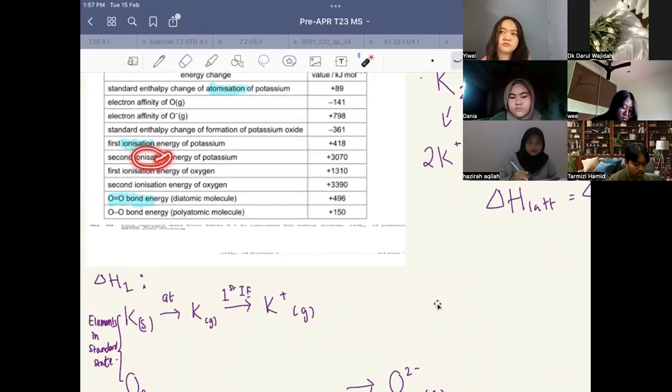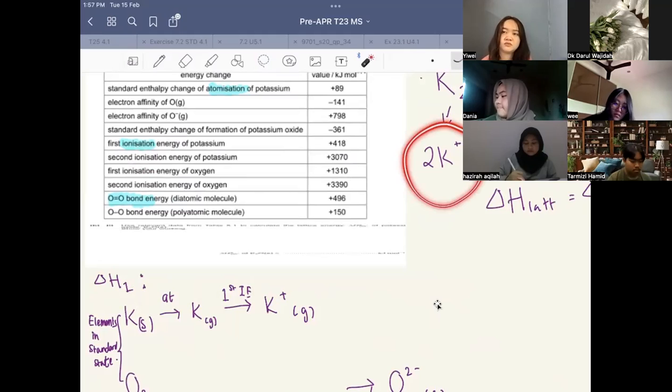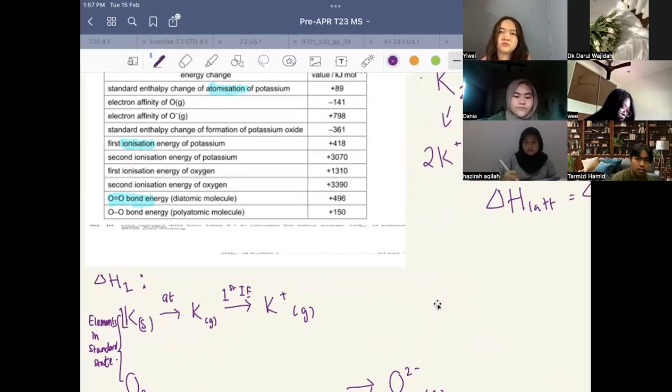You do not have to use it because you only stop at first ionization energy. Okay. Now, bear in mind that you need 2 lots of potassium plus. So that means everything must be multiplied by 2. Okay? Do you all agree?